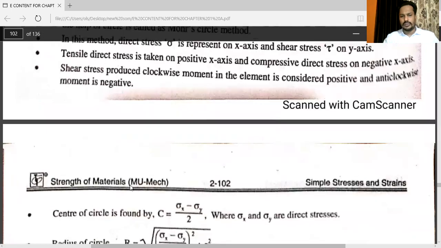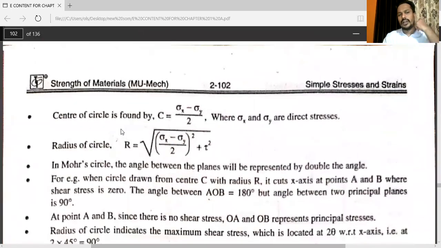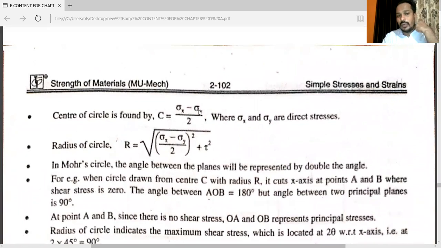The center of the circle C is found by sigma x plus sigma y by 2. I will explain the diagram also, so don't worry. Here sigma x and sigma y are the direct stresses.